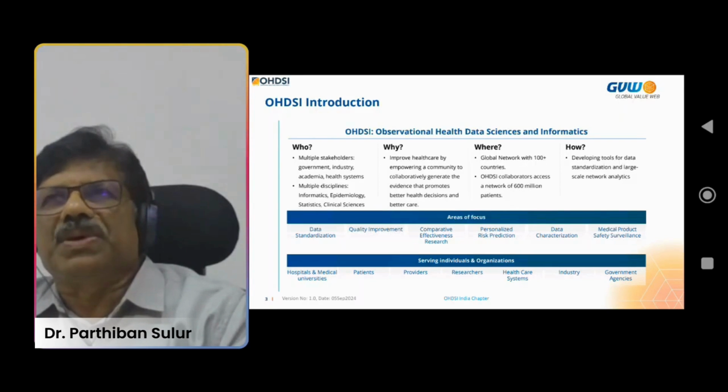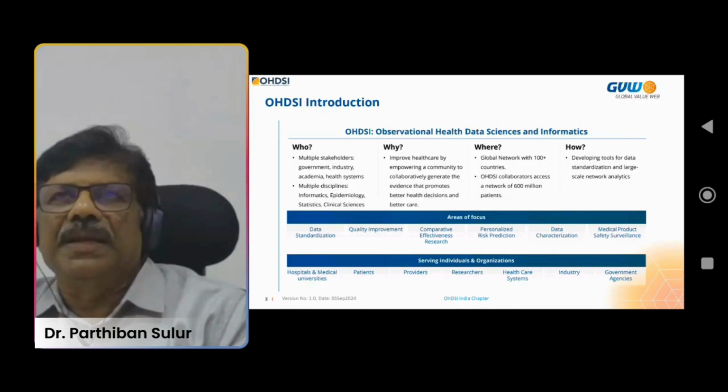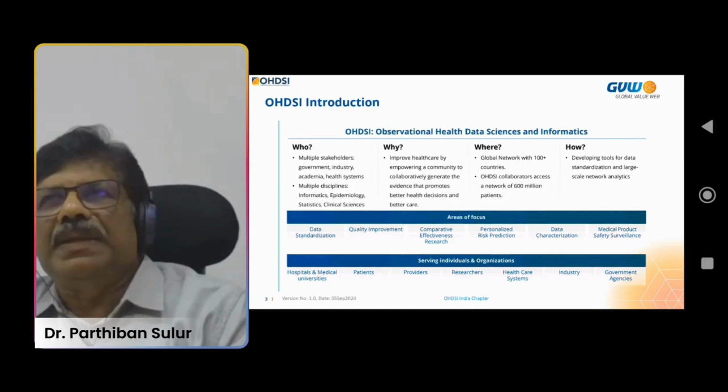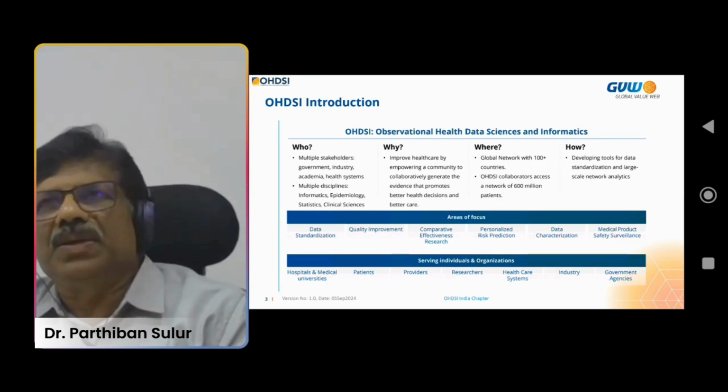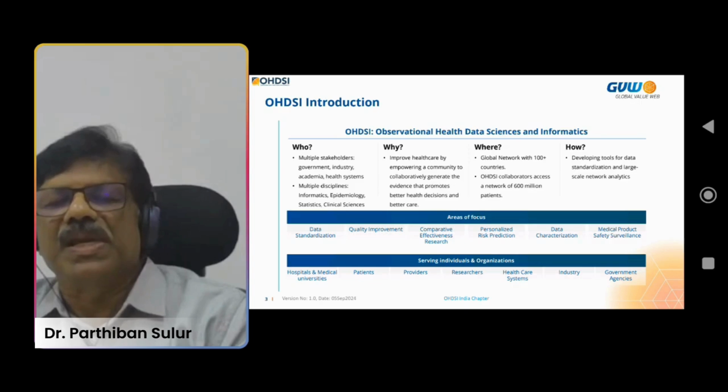The chapters or the members are spread over 100 plus countries, and this network has got something like 600 million patients. The main thing that we do is the volunteer community has developed open science tools to normalize the data from various healthcare sources, and then we can do large scale analytics.